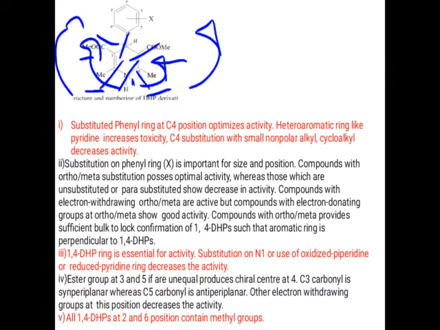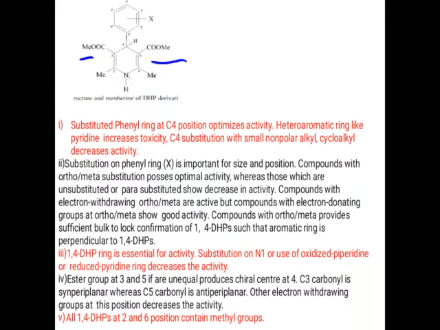Either way, at the 4th position there is a phenyl ring. At the 2nd and 3rd positions there are chances of having some groups which increase the activity. So in this way the general structure of dihydropyridine is present. Okay, so we will start the SAR of dihydropyridine.